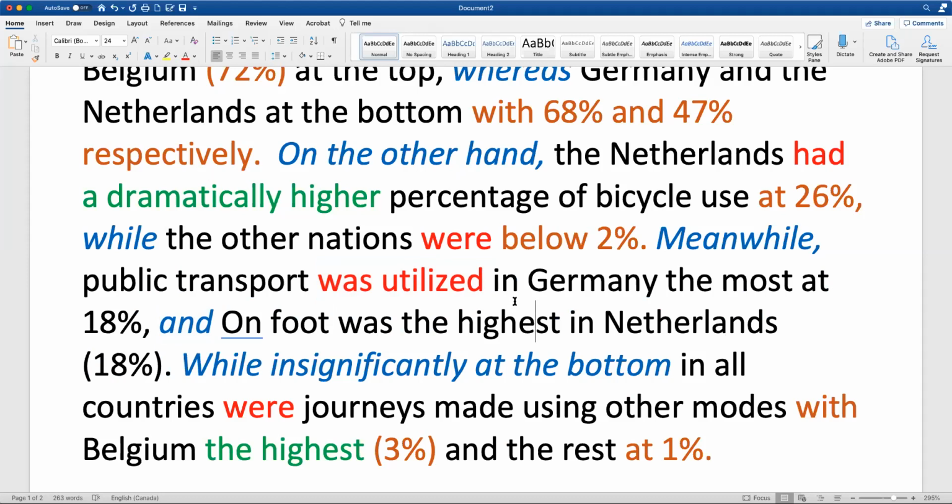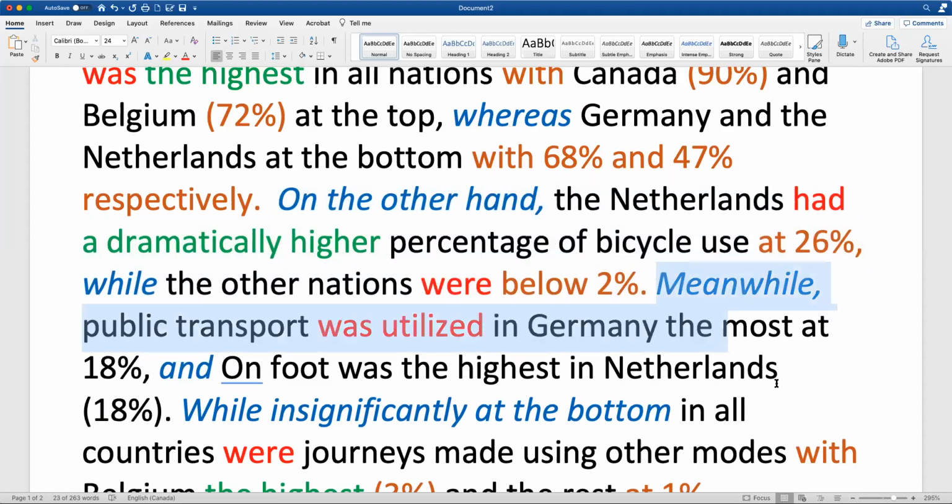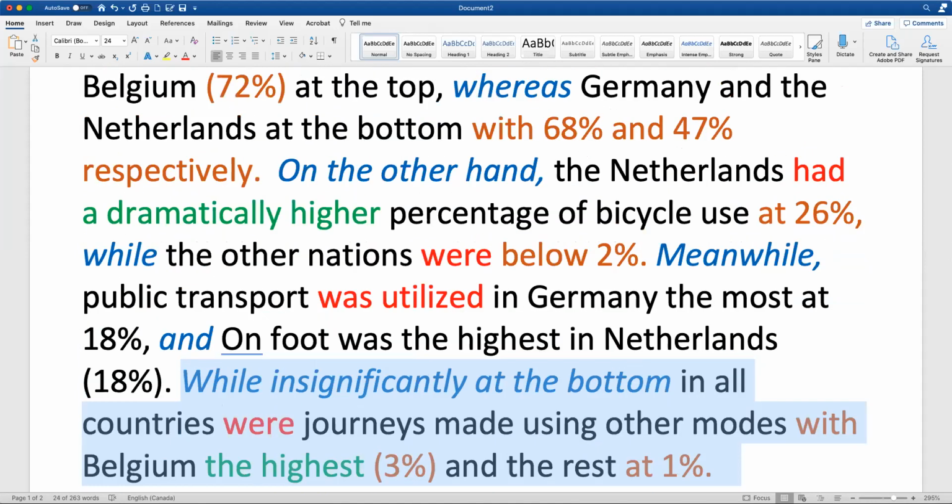And actually you can see the second sentence here. This sentence is very short. And this sentence is very short. Those three sentences are very short. 1, 2, 3.